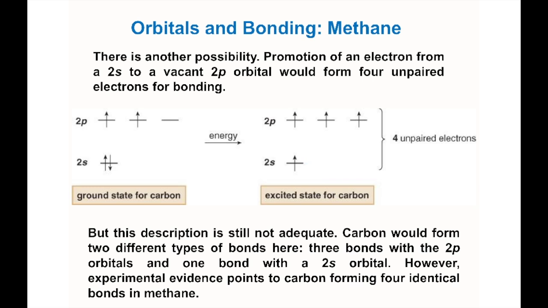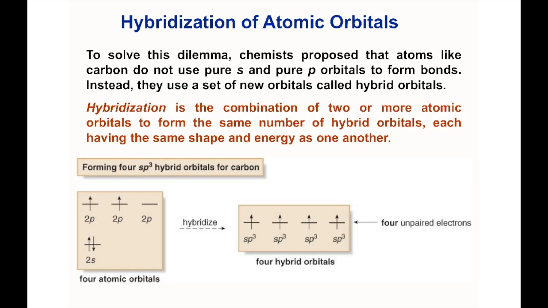So we need a better model here in which all of these orbitals are going to be able to be equivalent to each other. So what chemists proposed to explain this and get around this dilemma was that carbon does not form bonds with pure s or pure p orbitals.